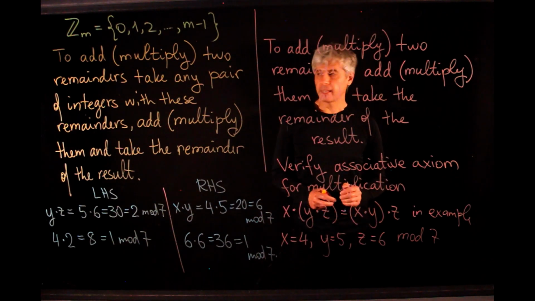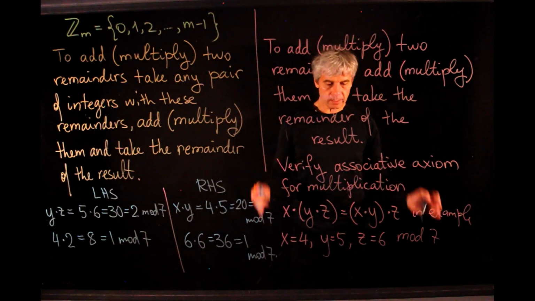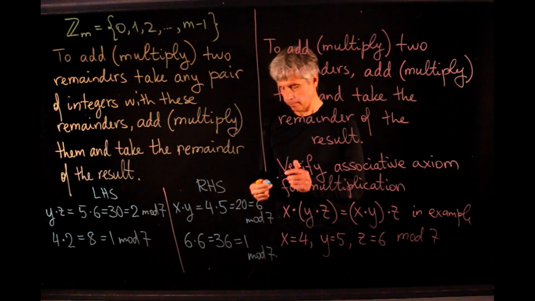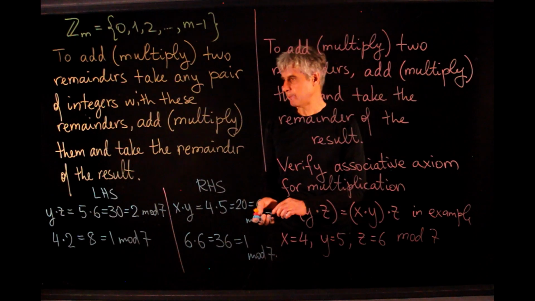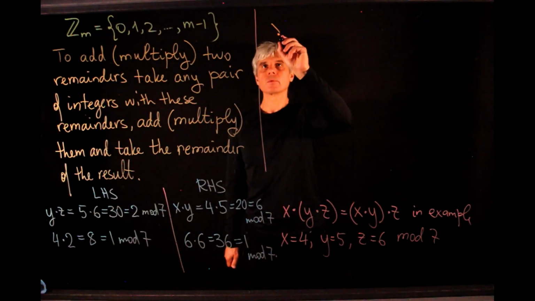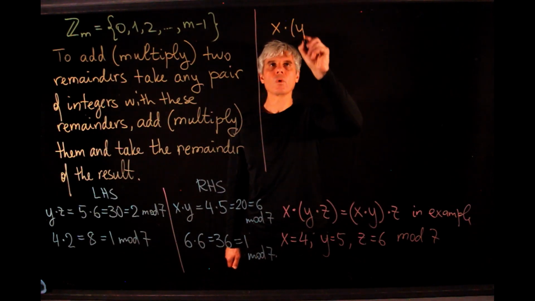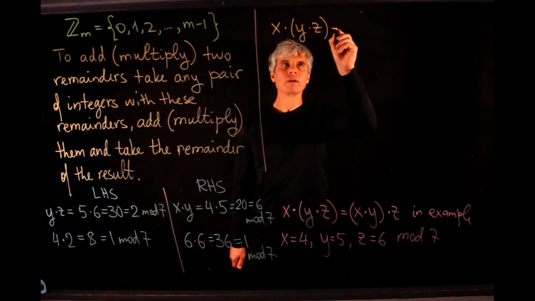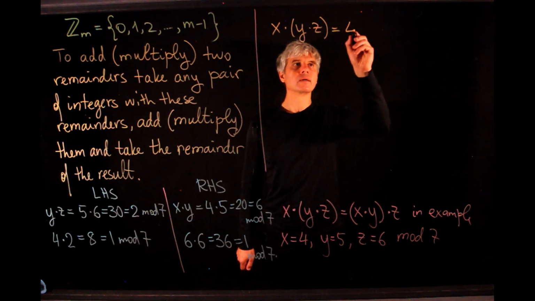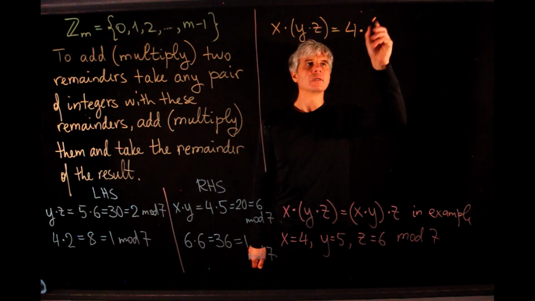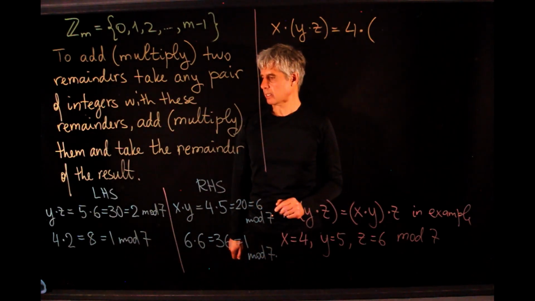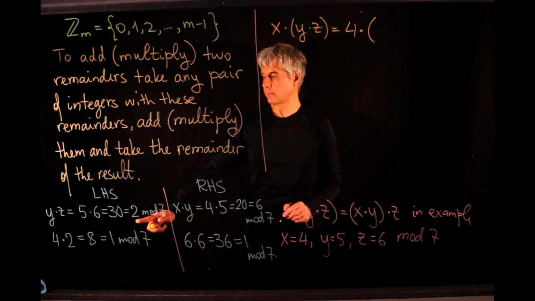Now, let us try to repeat the same example, but now using the new rule. So what will happen here? With the new rule, when we evaluate the left-hand side, which is x times y times z, our x is 4, and y times z is equal to 2.